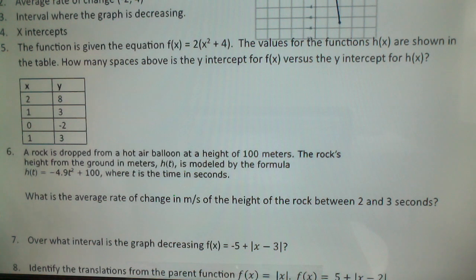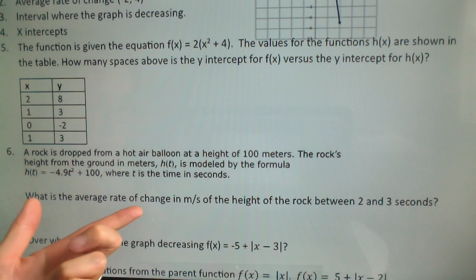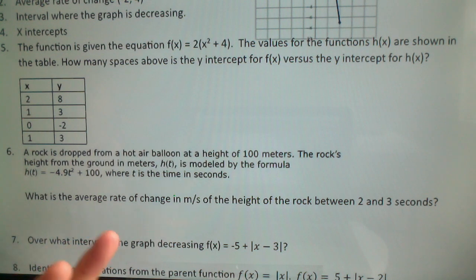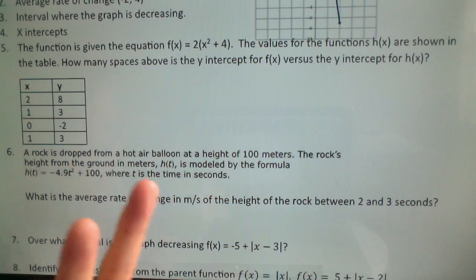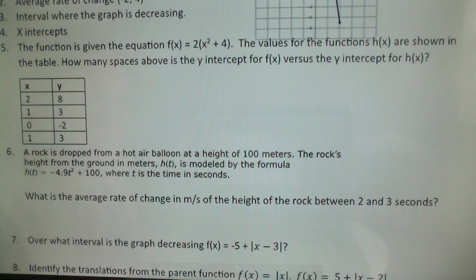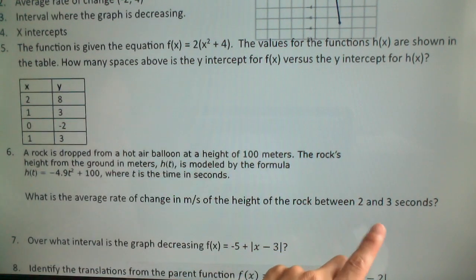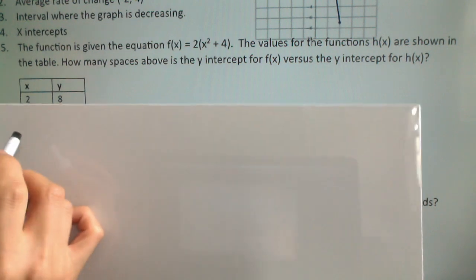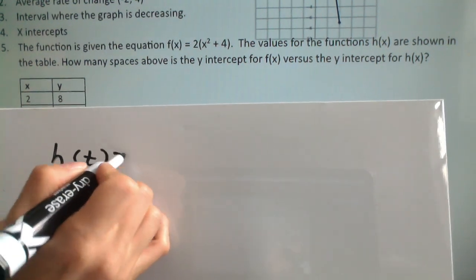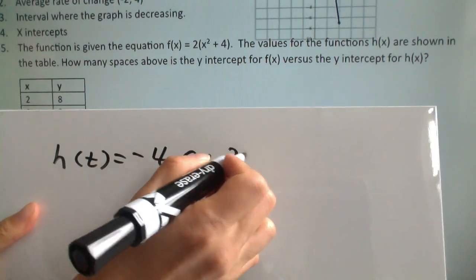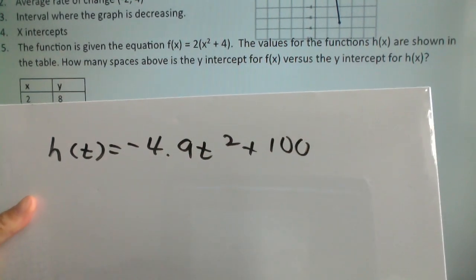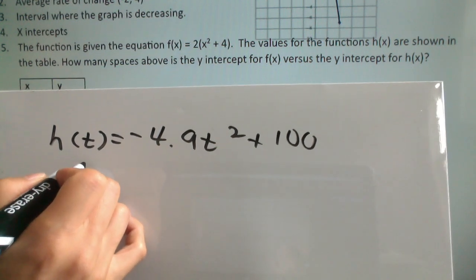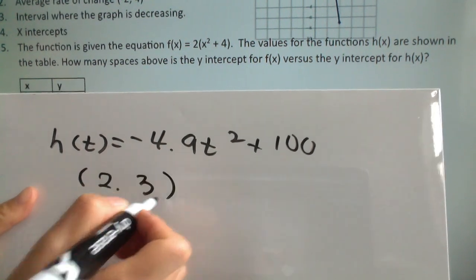So again, average rate of change means we need 2 points, right? You can see my finger. 2 points. So x is given as 2 and another x is 3. So we need to find the y values. Let me write the equation here, h(t), right? So the given interval is 2, 3.